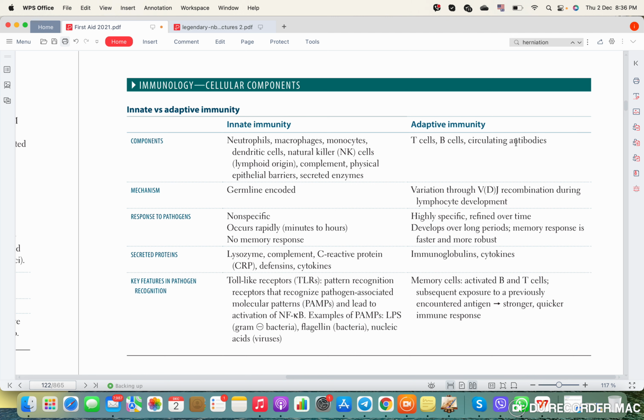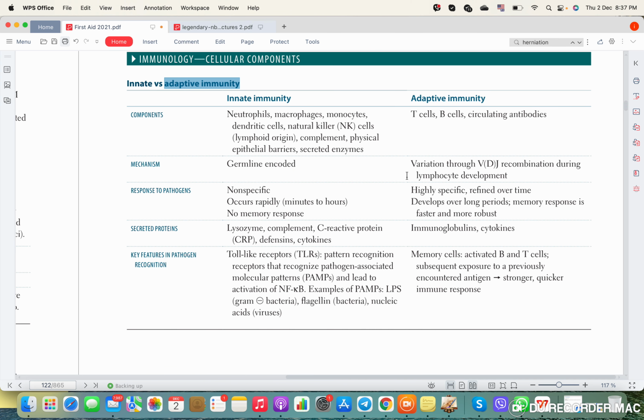So when you think about the innate immune system, I need you to think about your local police officers. And when you think about the adaptive immunity, I want you to think about special forces, okay? It's an army. So speaking about the innate immunity, its cells were basically your local police officers. They have no clue.